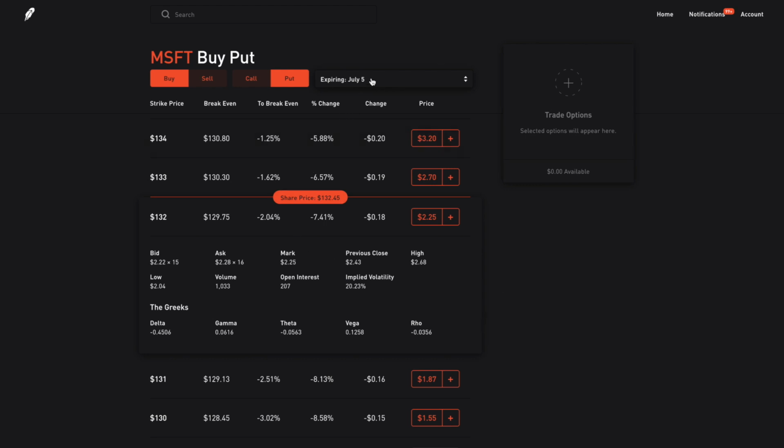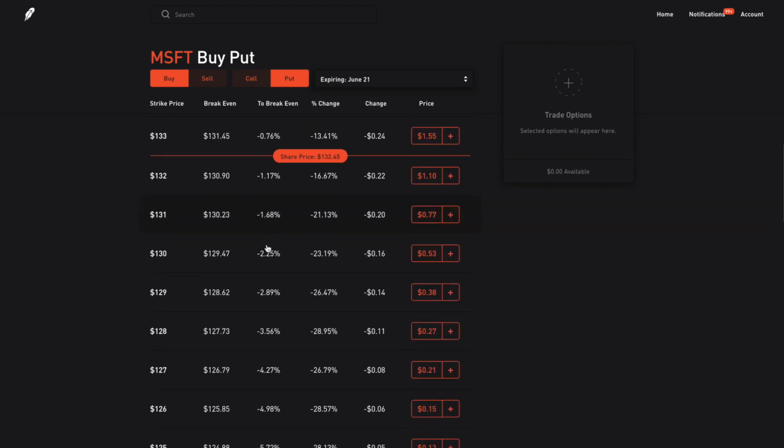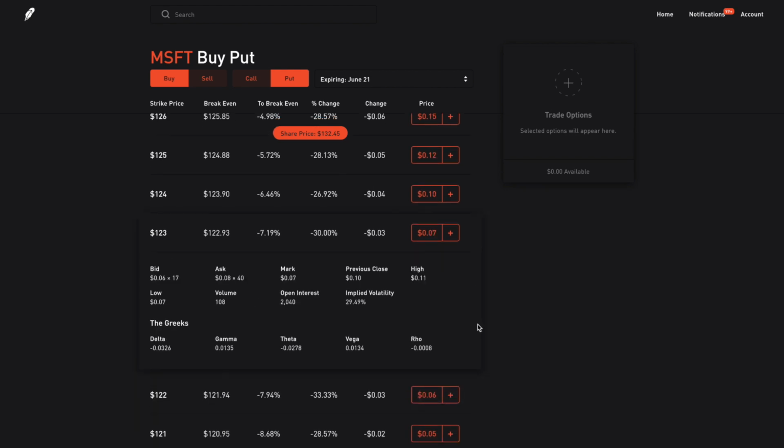Now, determining how far out you want to set your expiration is also very important, because you don't want to put an expiration on the 21st and then strike at 123, because then look at the differences in this option's statistics.